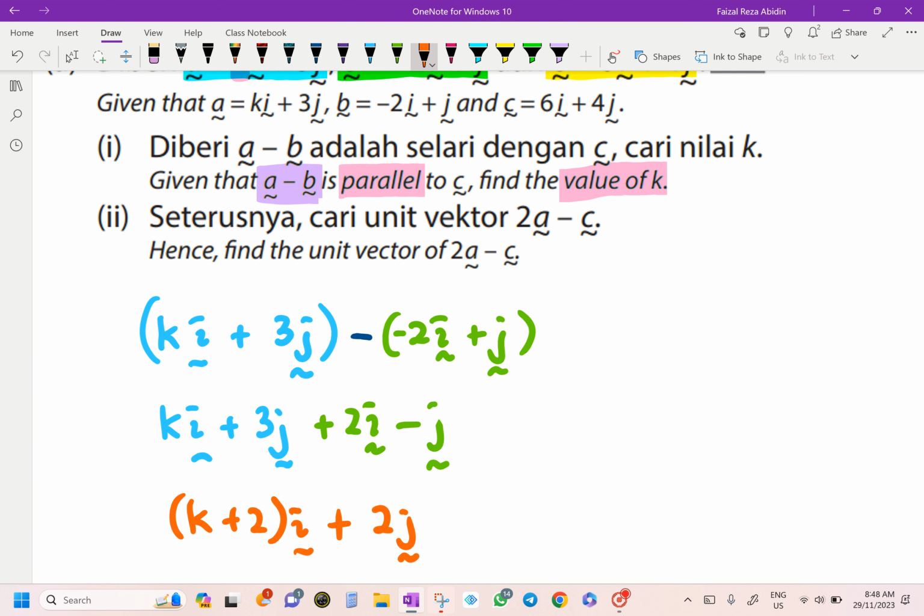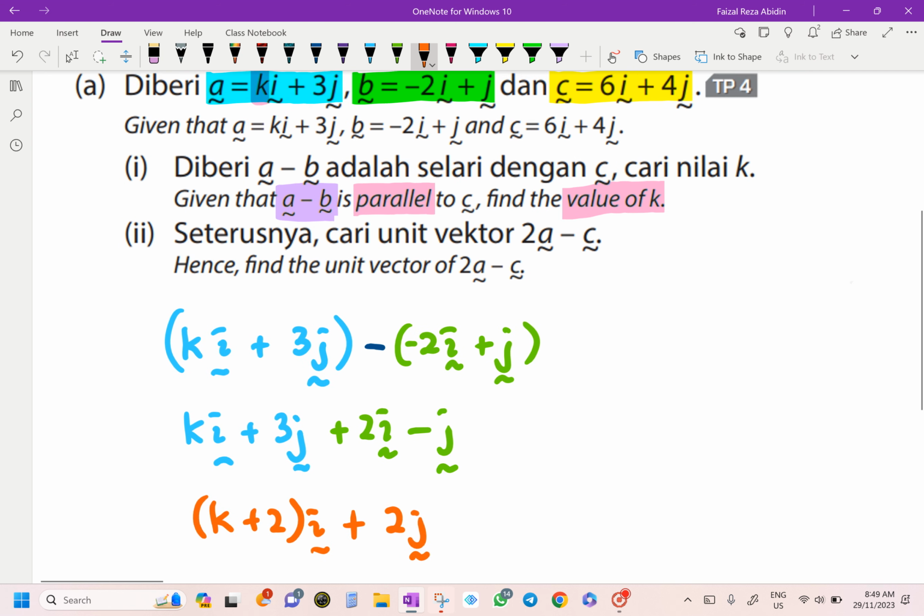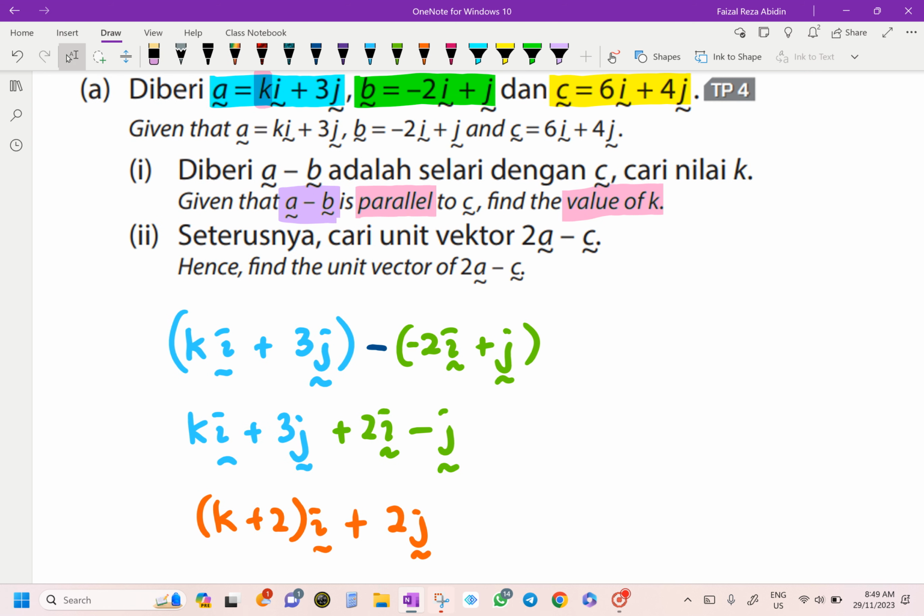This is going to be for A minus B. Am I right? Okay. When it says parallel here means that it is going to equal our vector C. So this one equals C straight away.